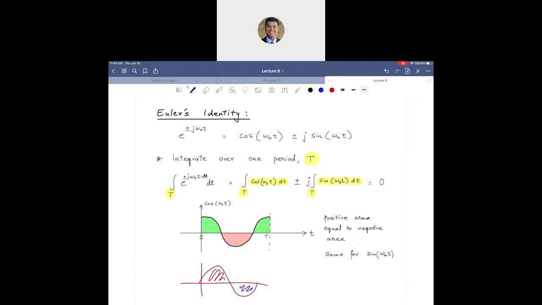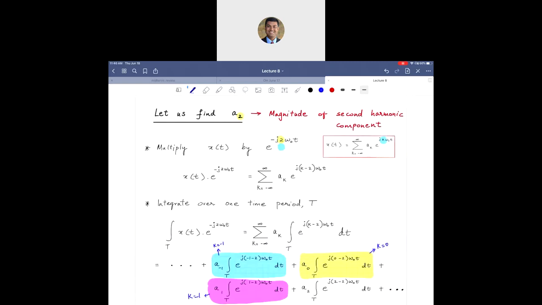You will have m omega naught t here, m omega naught t here. What will that be? It will still be 0. So the first term, can I say that that equals 0? Because it is e to the negative 3 j omega naught t.